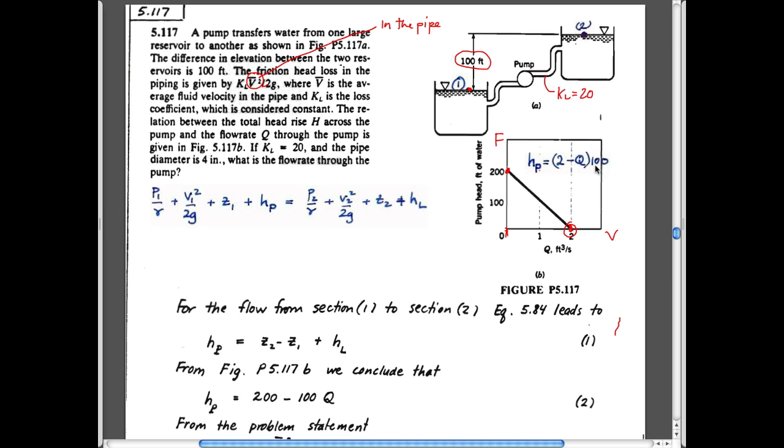I guess the dimensions would be seconds per feet squared, right? So in other words, feet cubed per second has to be multiplied by feet squared seconds to give you length, right? So this 100 is actually in units of seconds per feet squared. Perhaps it's not a big deal, but just stick that away in the back of your mind.